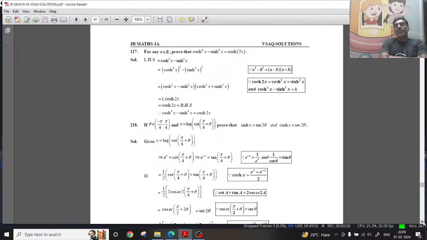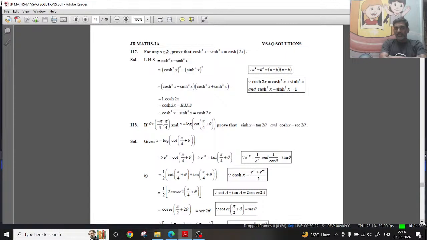From that we can write cos h square x minus sin h square x and cos h square x plus sin h square x. We know that cos h square x minus sin h square x is 1 and cos h square x plus sin h square x is cos h 2x. Okay, substitute the two values, we are getting cos h 2x, that is nothing but RHS.